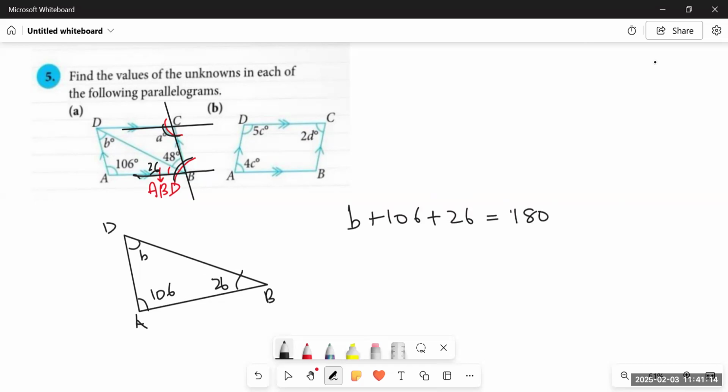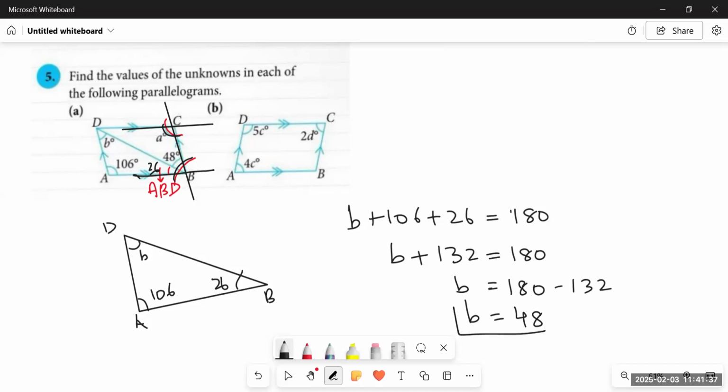So we will add 106 and 26 and subtract it from 180. So we will get the answer as 44. Angle B is equal to 48 degrees.